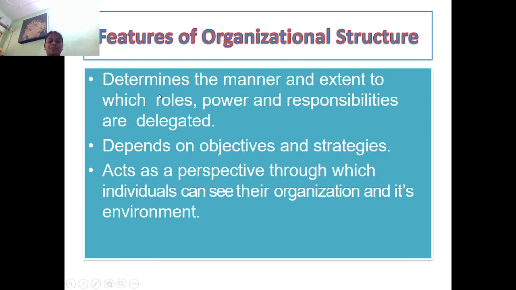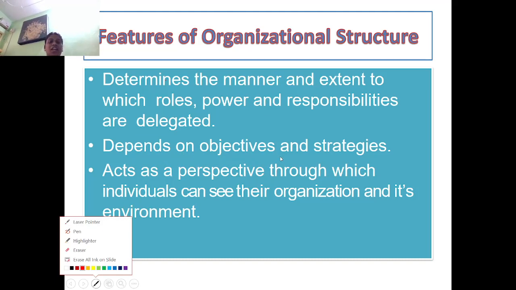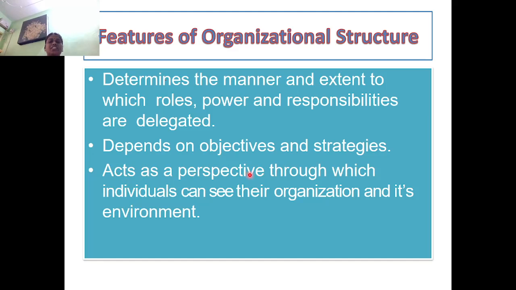Next, it depends on the objectives or strategy of the organization. Next, it acts as a perspective through which an individual can see their organization and its environment.